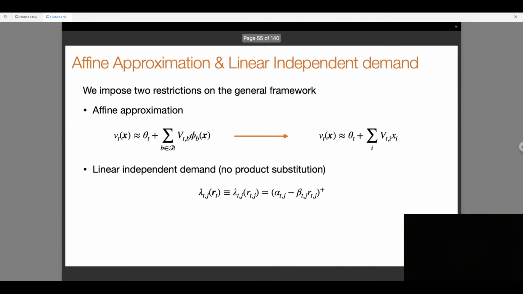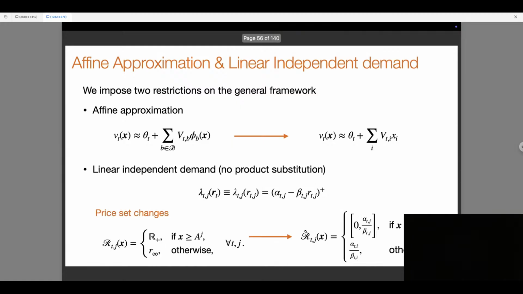And since we can, from the last part, we can see that the price set can be changed. Under the situation that there are enough resources for producing product j, we change the price at R plus.